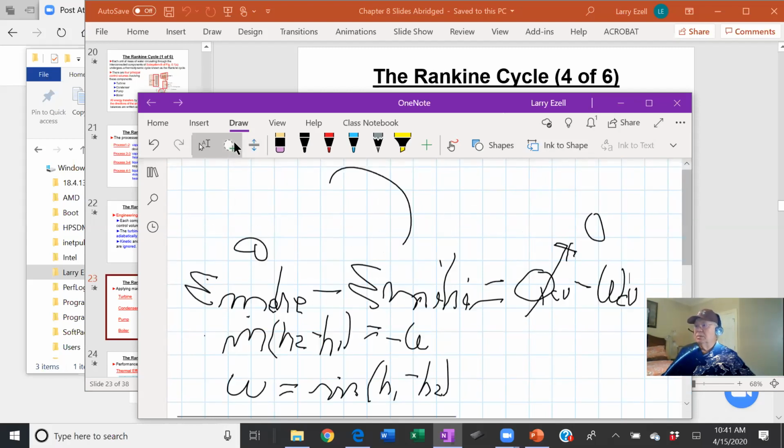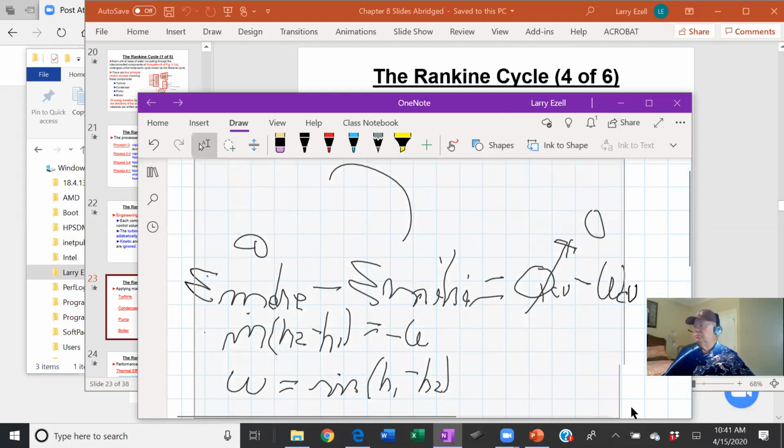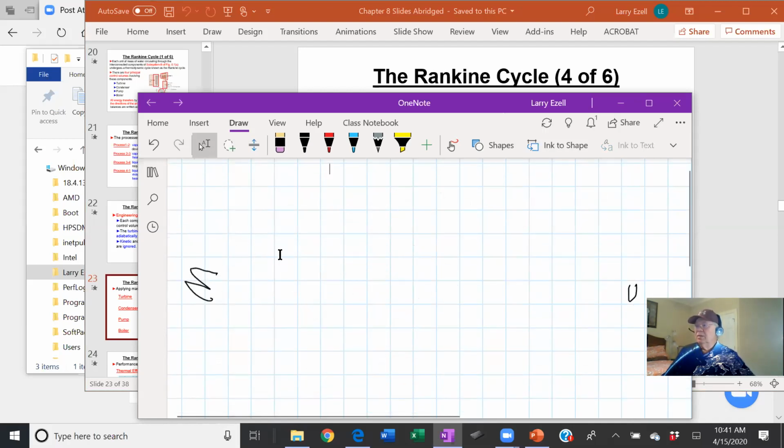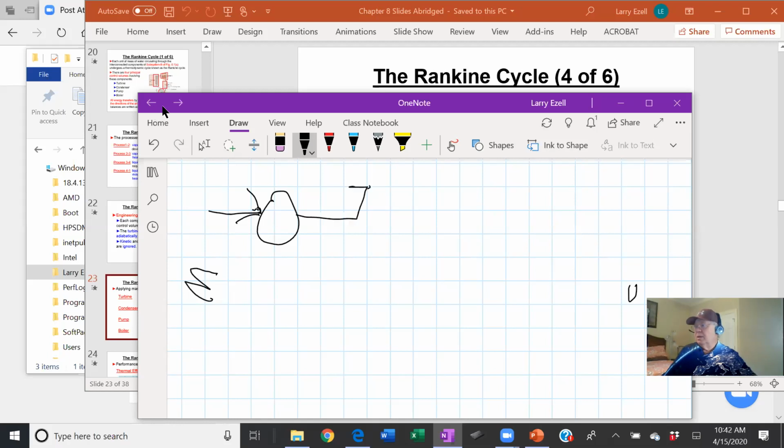I'm going to erase this. Let's look at the pump. Draw a pump here. We have flow coming in, flow coming out.